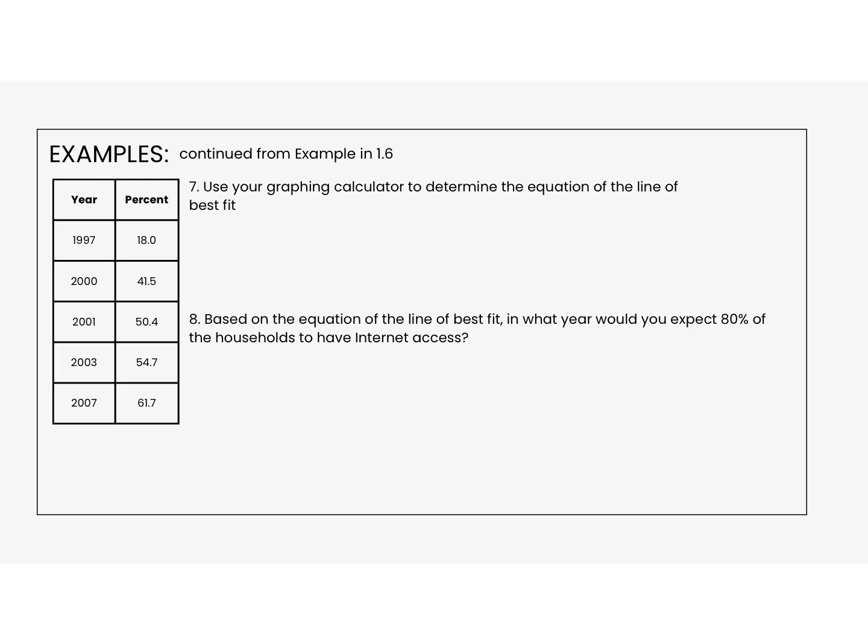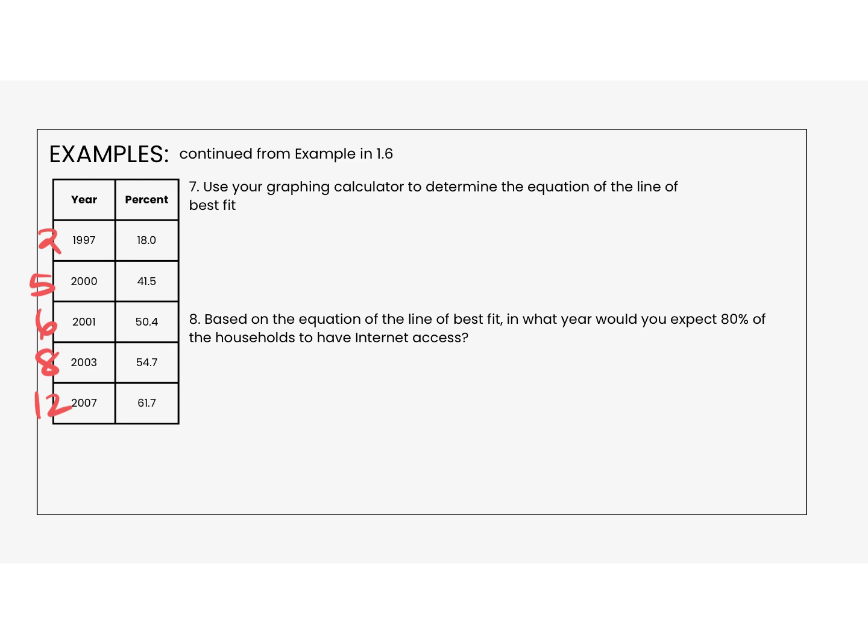Okay, so let's say that we did all that. We entered in our data. We're using the same data that we did in the previous example. So if I was entering this in my calculator, I would be putting in 2, 5, 6, 8, 12 as my X values, because these are years since 1995. And as my Y values, I'm putting in 18.0, 41.5, 50.4, 54.7, 61.7.